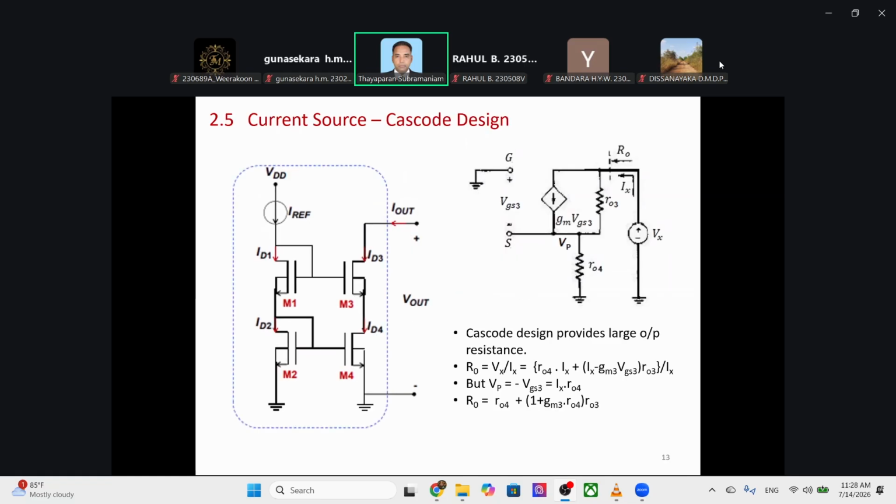Now, if you want to have a higher output resistance, the cascode design provides that large output resistance.